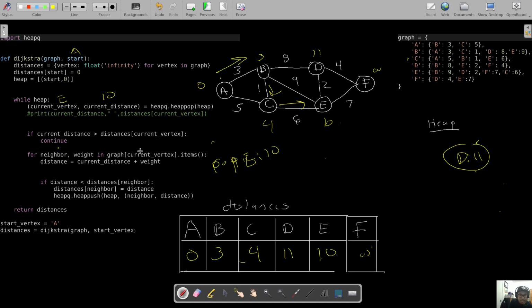Then we go here. So we're going to get F, and it's infinite. Sorry, the weight is 7. 7 plus 10 equals 17. 17 less than infinite?